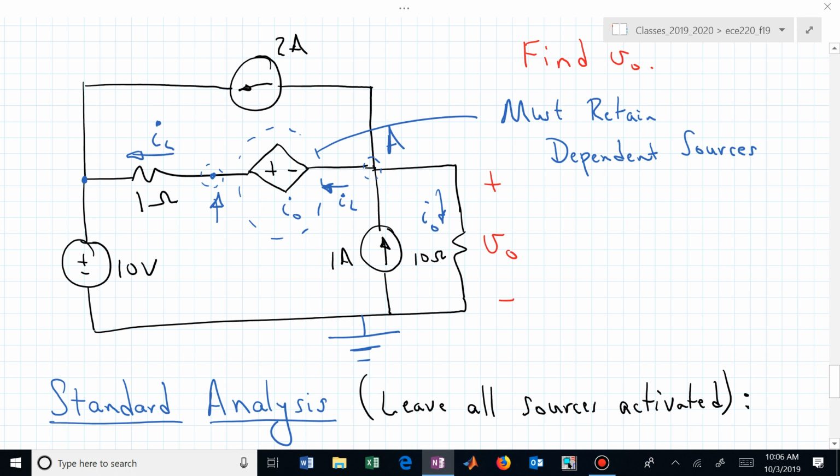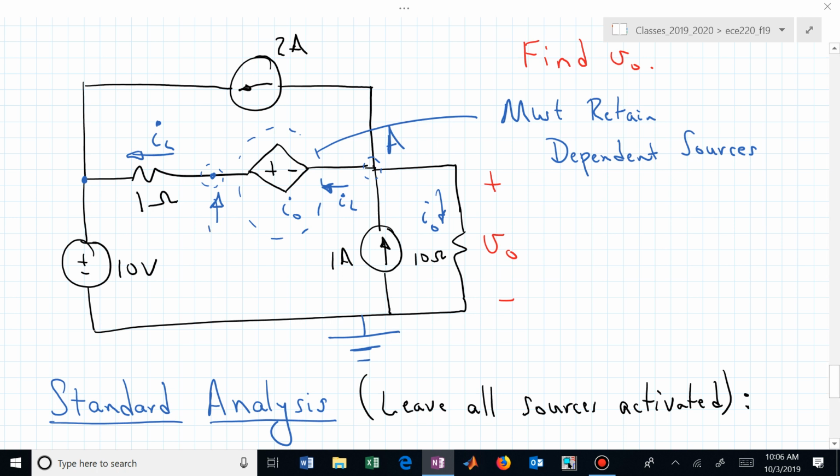Well, it's a dependent source away from A. And A's value, what's the node voltage at A in terms of what I'm trying to solve for? Isn't that V sub 0? The voltage at capital A is in fact V sub 0.